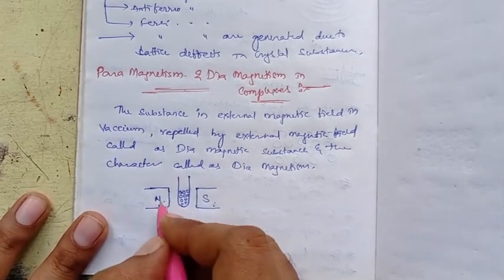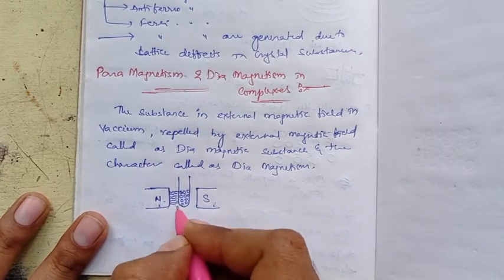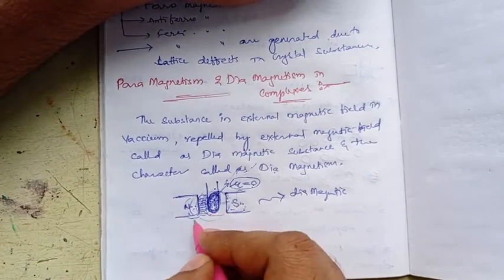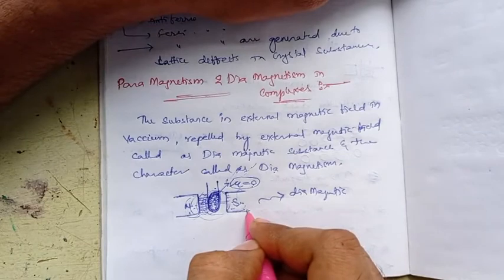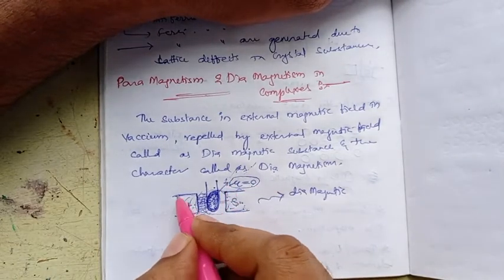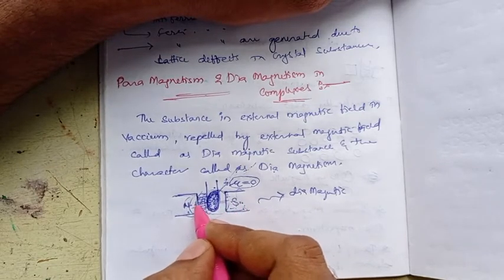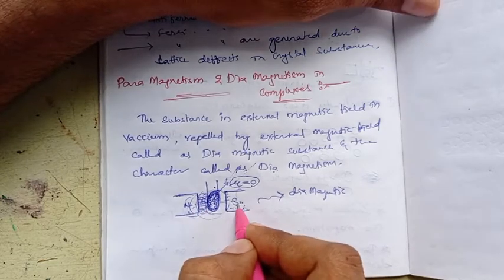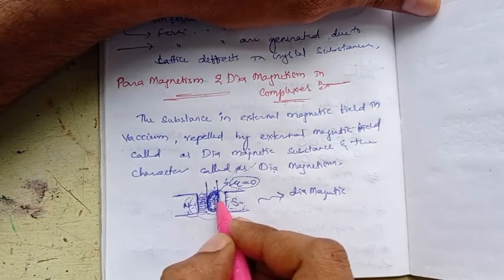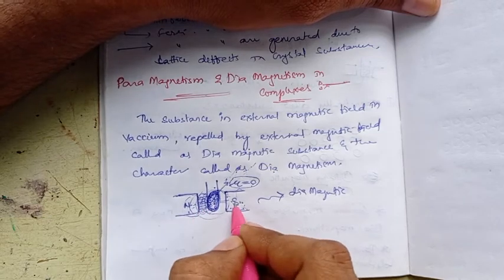As it is an external magnetic field, magnetic waves will be generated. Initially, the external magnetic field waves start to flow from one end to the other end, right?